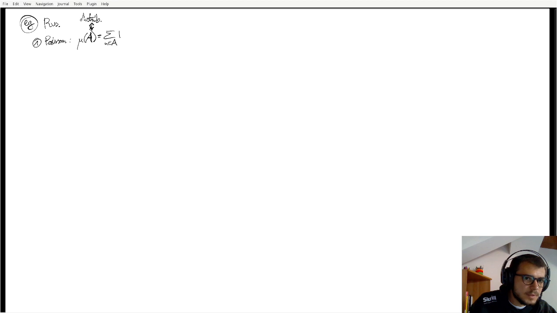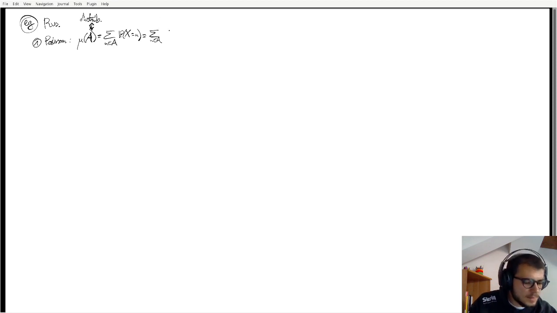Well, here it's the note, it's written like this. Where this thing more explicitly is the density, the Poisson density.